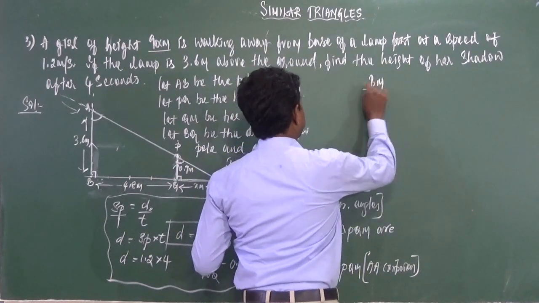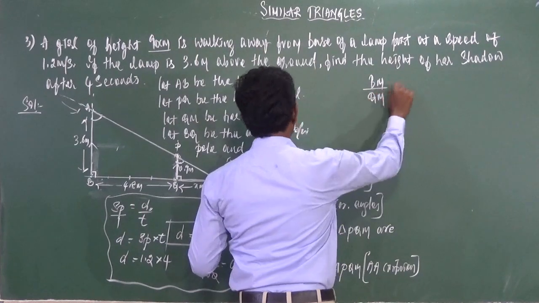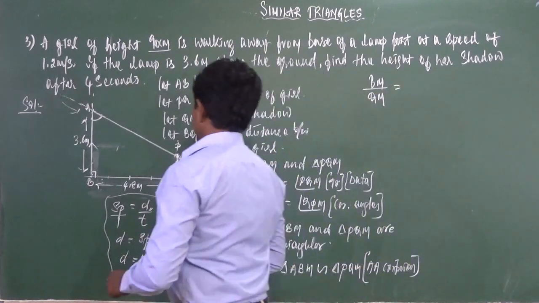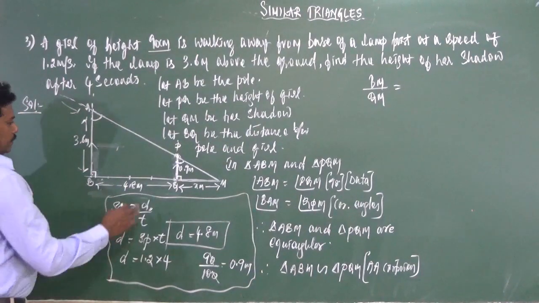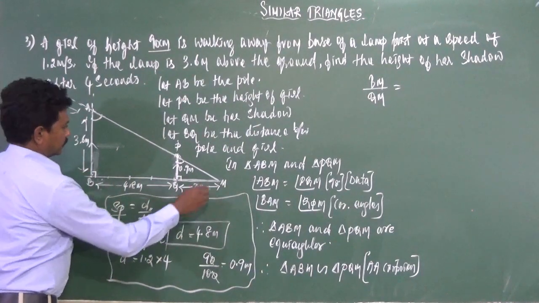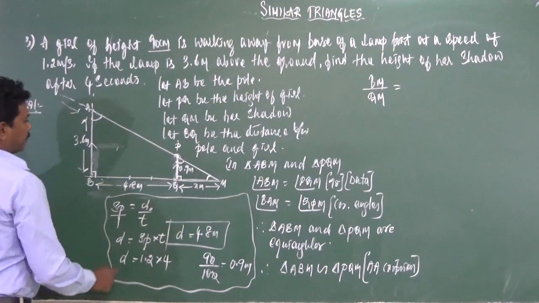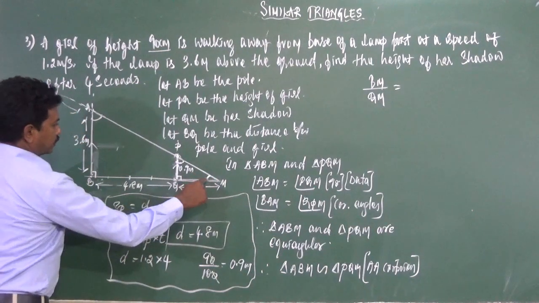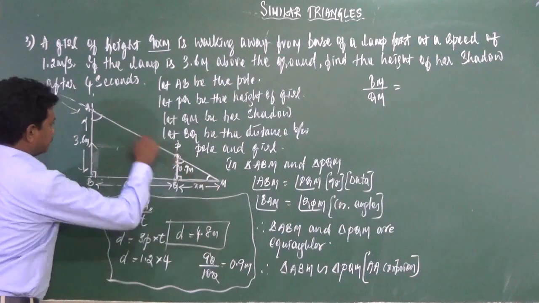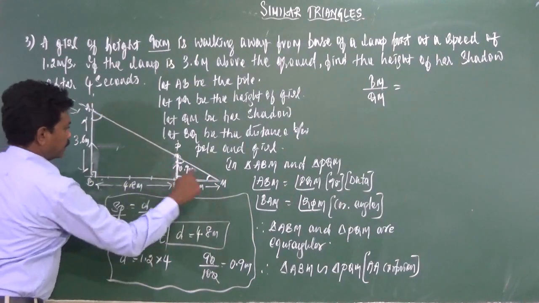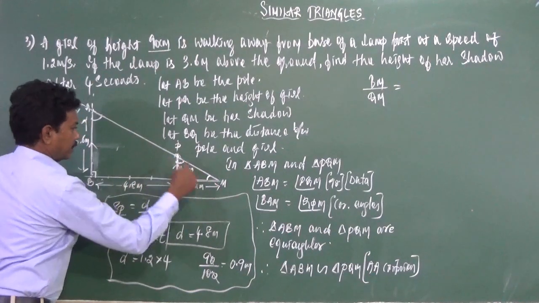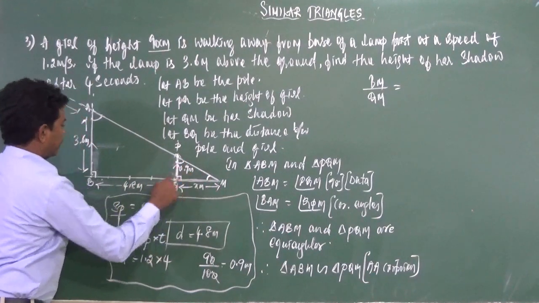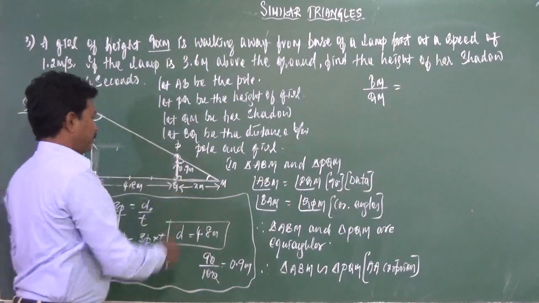So BM by QM is equal to, now we have to take another angle here, that is the third angle. Opposite to the third angle in triangle ABM is AB, and in this triangle opposite to the same angle is PQ, so that becomes AB by PQ.